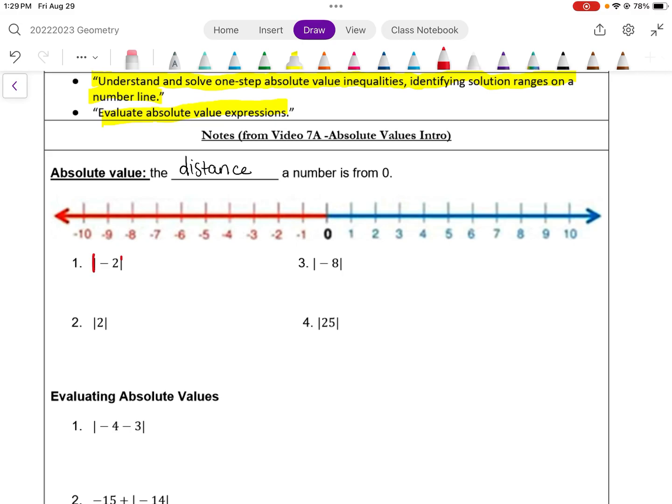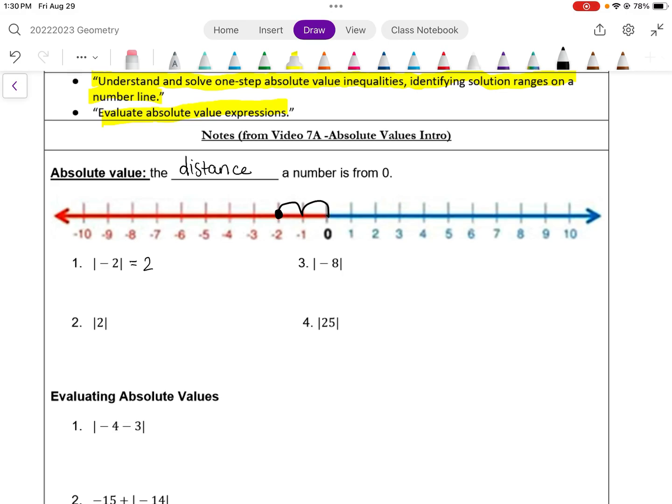And number 1, we have absolute value of negative 2. So that means how far away is negative 2 from 0 on the number line? Well, obviously negative 2 is right here, and it is 1, 2 jumps away from 0. So the absolute value of negative 2 is 2.